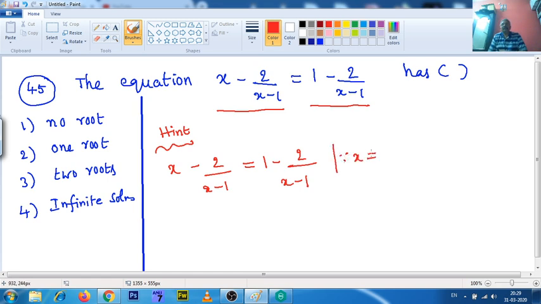Since x does not equal 1, remember, if x is equal to 1 it won't be defined. Then this one and this one get cancelled. Now we have x is equal to 1. What is the condition already there? x does not equal 1. Here also it is not valid. So that means no root, the number of zeros is 0. So the first option is the right option.